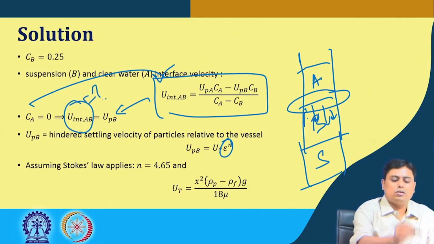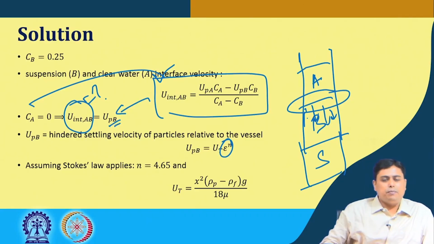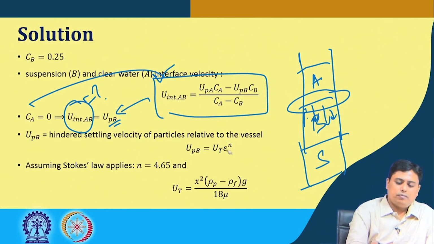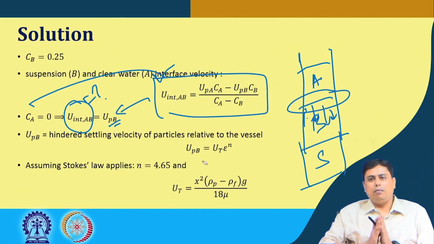The question mark is which one? To have that, we have to calculate this UPB, and this UPB is nothing but the hindered settling velocity, which is the single particle terminal velocity multiplied by epsilon to the power n, where epsilon is the void fraction, or the volume fraction of the liquid, the fluid, to the power n.